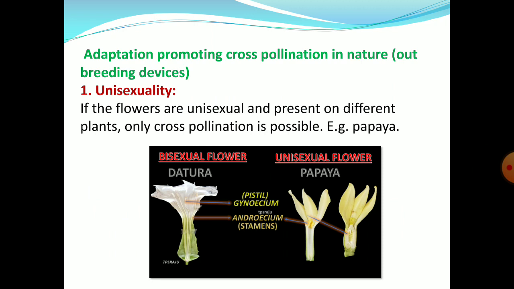For example, papaya and cucurbits. Here in the given figure, you may observe that in papaya, androecium, that is male part, and gynoecium, that is female part, are present in different flowers. So in this case, only cross pollination is possible with the help of some pollinating agent.